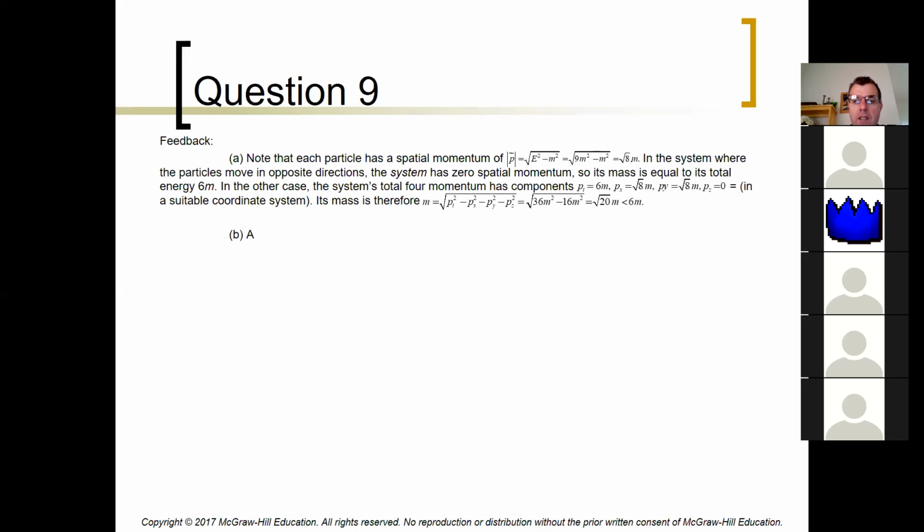The second system, the momentum is 0, right? Because they're equal and opposite. So if they're equal and opposite, then they add up to 0. Mass squared will be E squared minus 0 squared. So mass squared will just be E squared. Any questions?